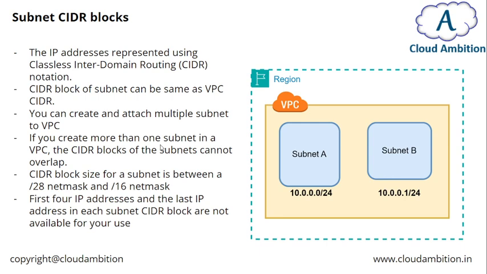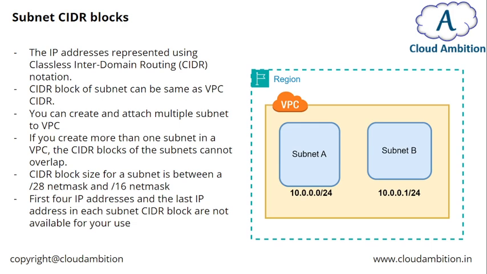And if you create more than one subnet in a VPC, then the CIDR blocks of the subnets cannot overlap. They also cannot overlap with the VPC CIDR block. They cannot overlap if you create multiple subnets inside a VPC. And the minimum net mask, as I told earlier, is /28 and the maximum is /16. Here the first 4 IPs are reserved by AWS, so we cannot use the first 4 IPs and the last IP.